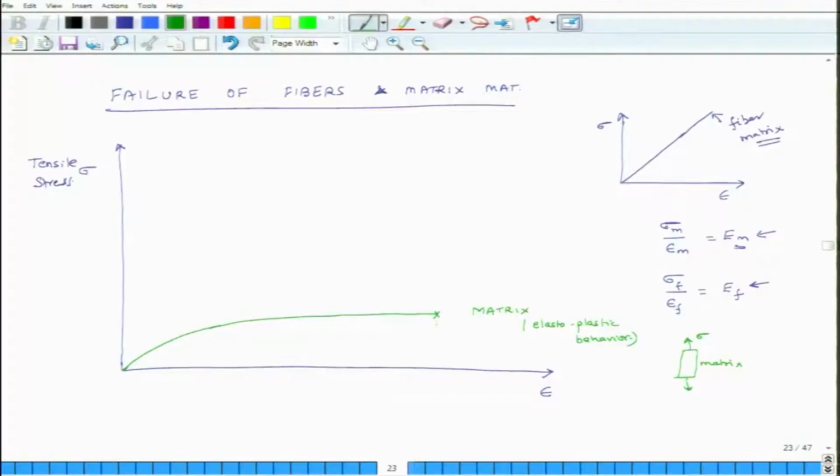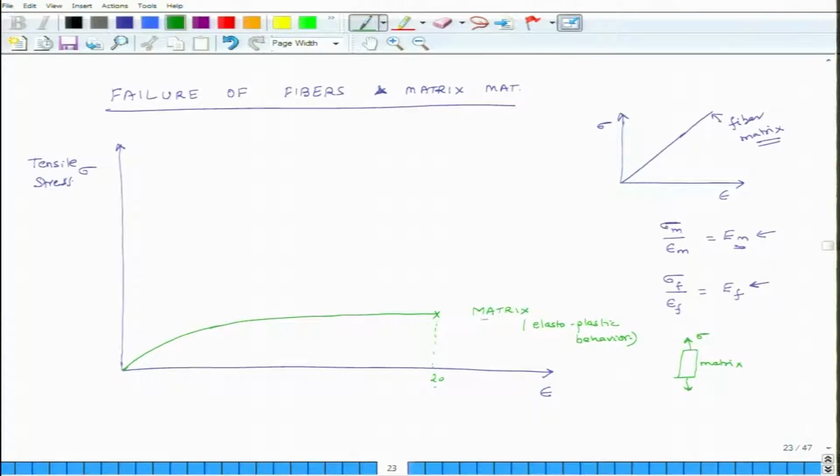Typically, the strains at which matrix materials fail can be 20% or sometimes several 100%. I just wanted to give you a perspective, but it is certainly not 1%, 2%, 3%, 4%. They do not fail at 2, 3, 4%. They fail in the 20, 30, 40, 100, 200% range.